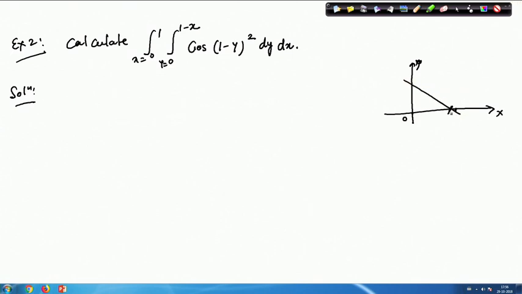This is the point of intersection, 1 0, and this is 0 1. All right. So that's basically our given region of integration. I'm calling it E. This is my point A and this is my point B. So here, just looking at this integral, let us write it as I.